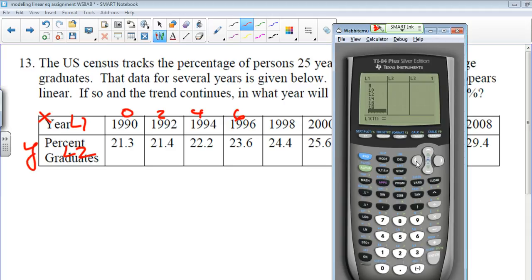Should I go to 18, guys? Did I do it right? Okay. And then I'm going to go over here. Really?